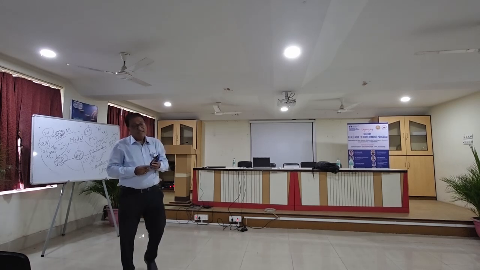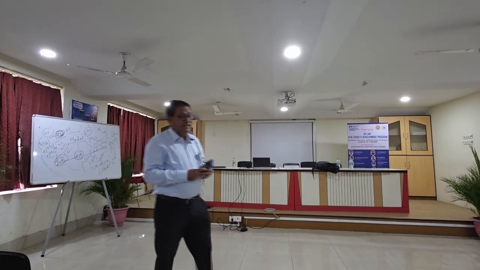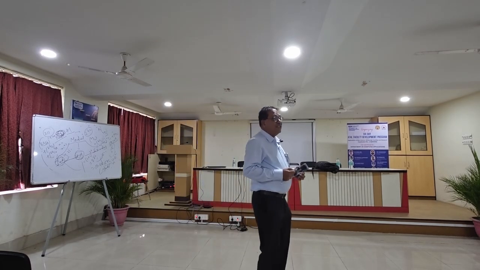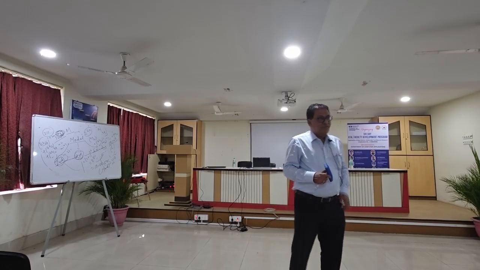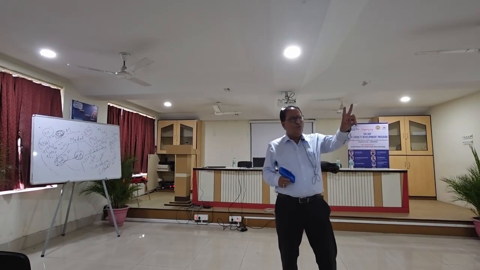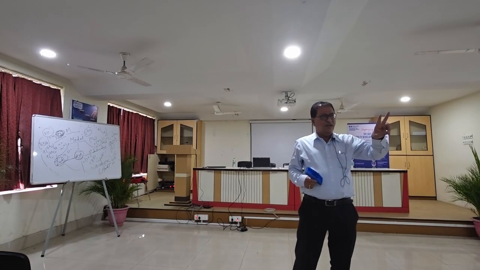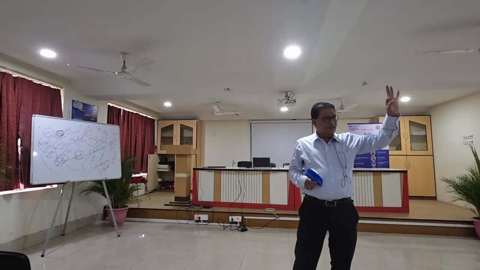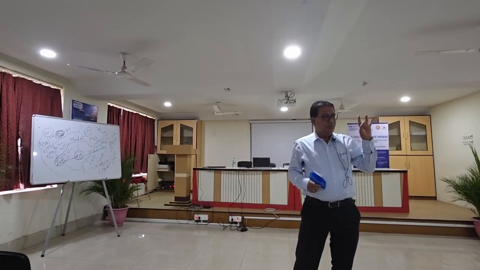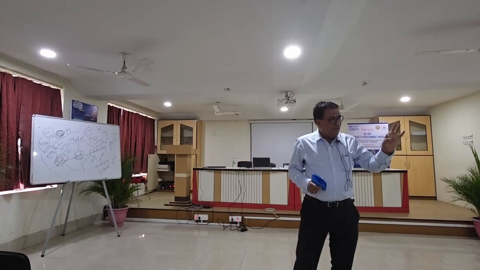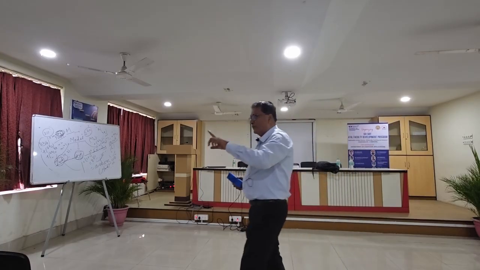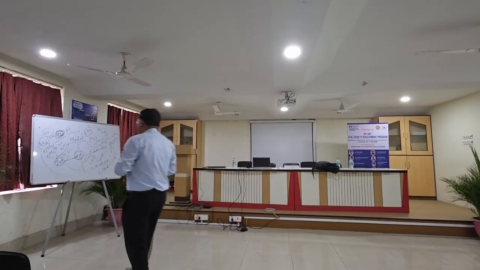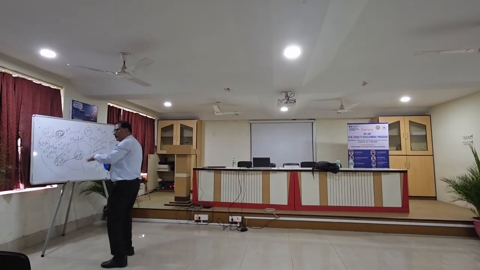When the model is saturated, there is a very important term in statistics called degrees of freedom. Very important. There are two terms you should try to remember: one is degrees of freedom and one is the p-value. Degrees of freedom, another is the p-value. First of all, tell me if it is clear.